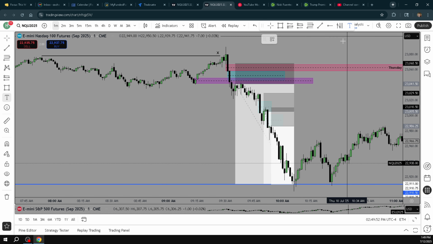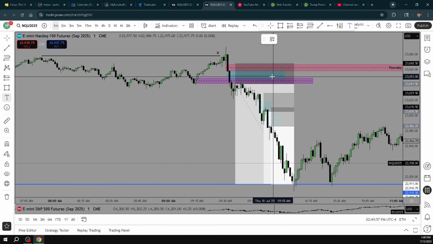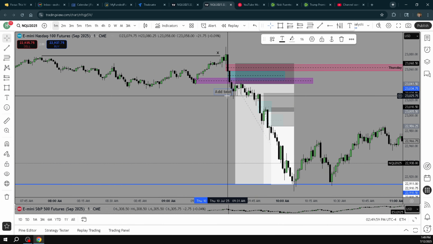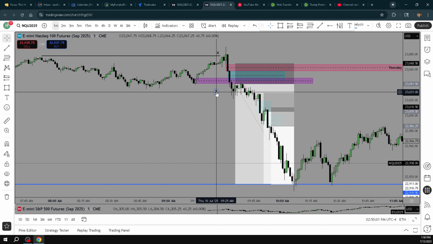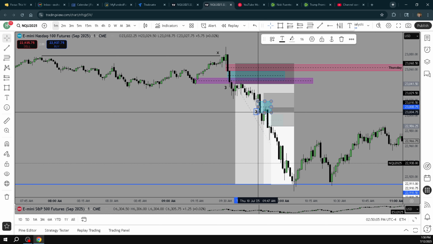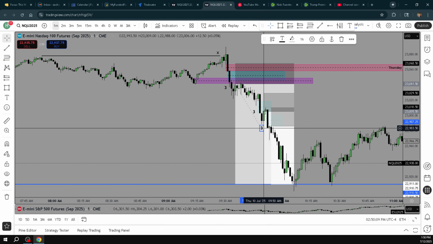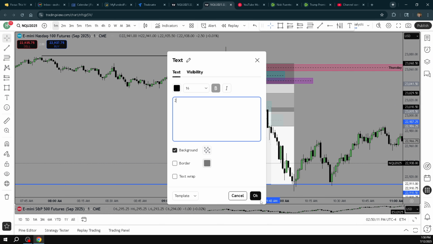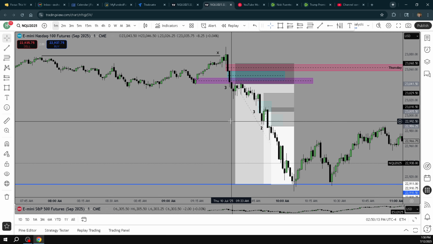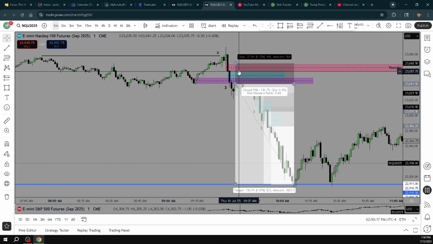So let's say first entry, we were risking, what was that, like 27 points or whatever. Let's just say we did 3 contracts on this one. We did 3 contracts on the second entry, and then we did 2 contracts on this one. And that means every single pyramid was less risk than the original position.